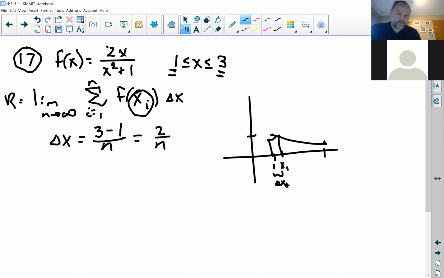So our x sub i's are going to be 1 plus 2 over n times i. So each time we move across, we get 2 over n added to our x value.